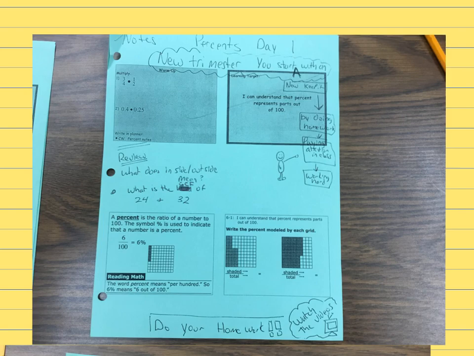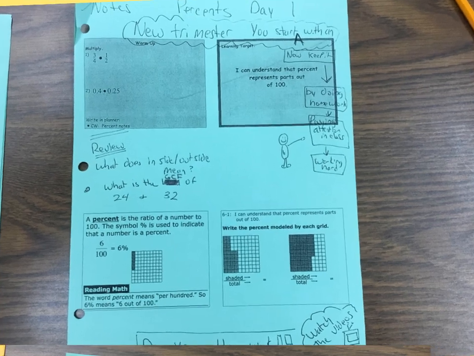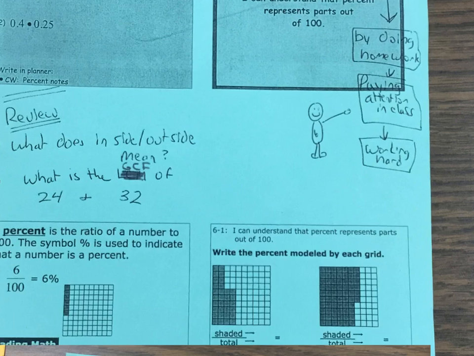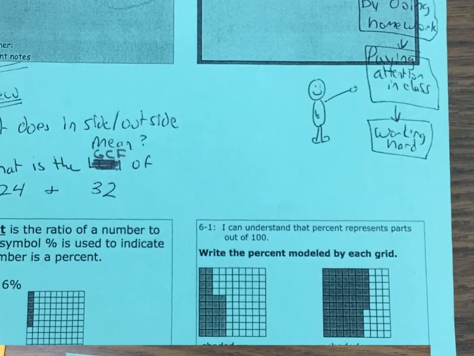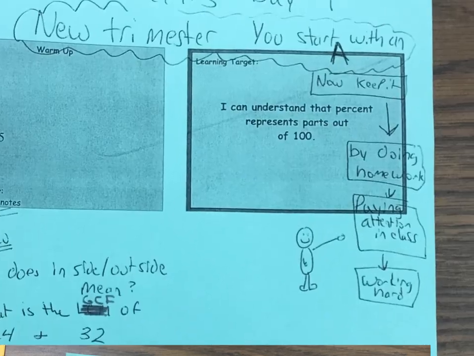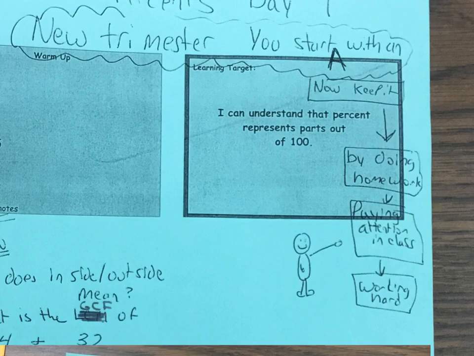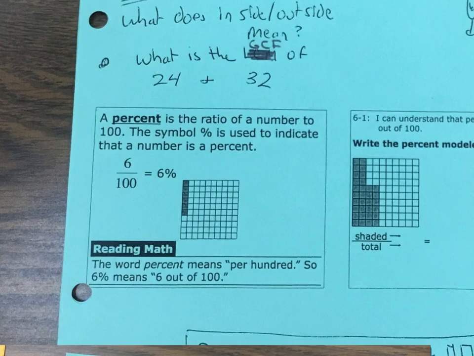Okay, so we're gonna skip the warm-up. We're gonna get to just the, I understand a percent represents part out of 100. So let's go over here. I say 6%. What it really means is 6 out of 100.